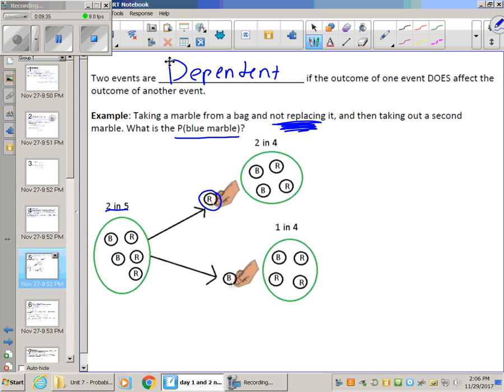Okay, if I were to select it the first time and pick a blue marble out, then I'd have a 1 in 4 chance of picking a blue marble the second time, or a 2 in 4 chance of picking a blue marble the second time if I picked a red marble. Okay, so it depends on what I picked the first time. Makes sense.